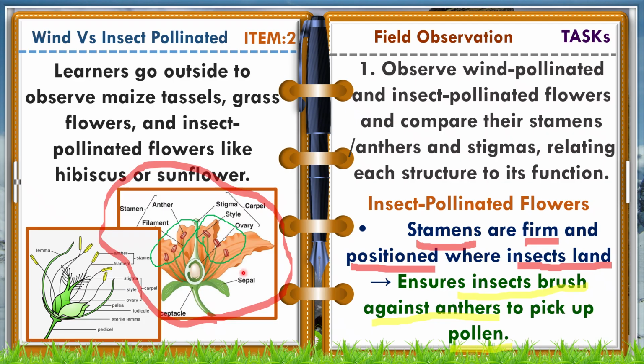So their exposure, being in spaces where the insect will land, is to ensure that once the insects are moving down the flower to collect nectar, they come back, or when they are going, they touch the body of the insect, and then pollen is transferred from the anther heads to the insects.